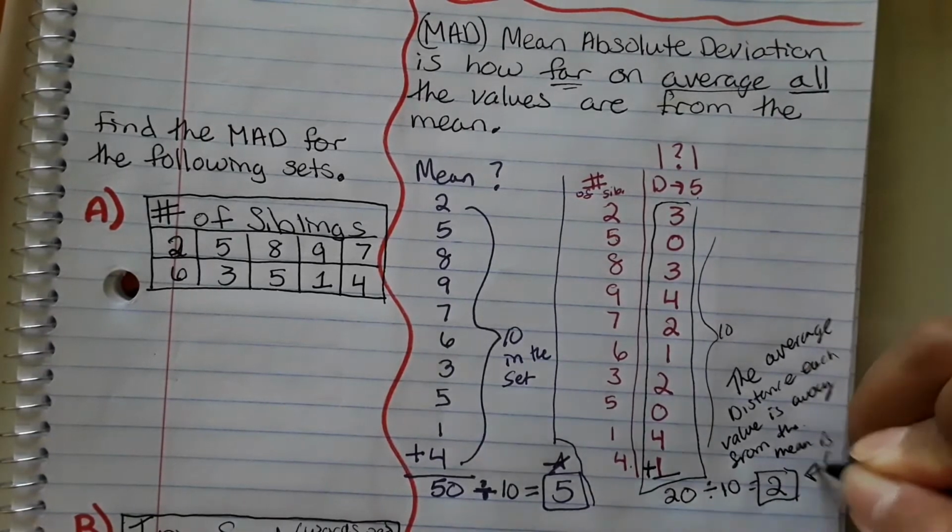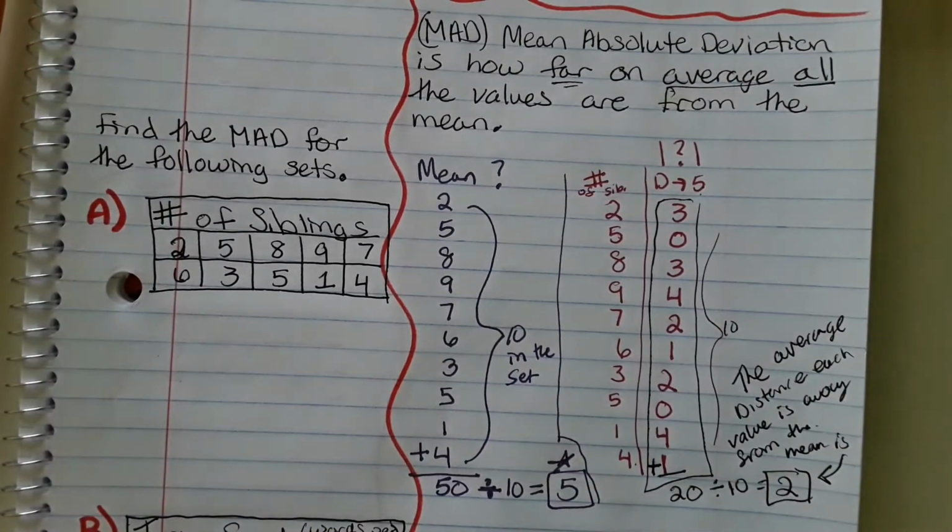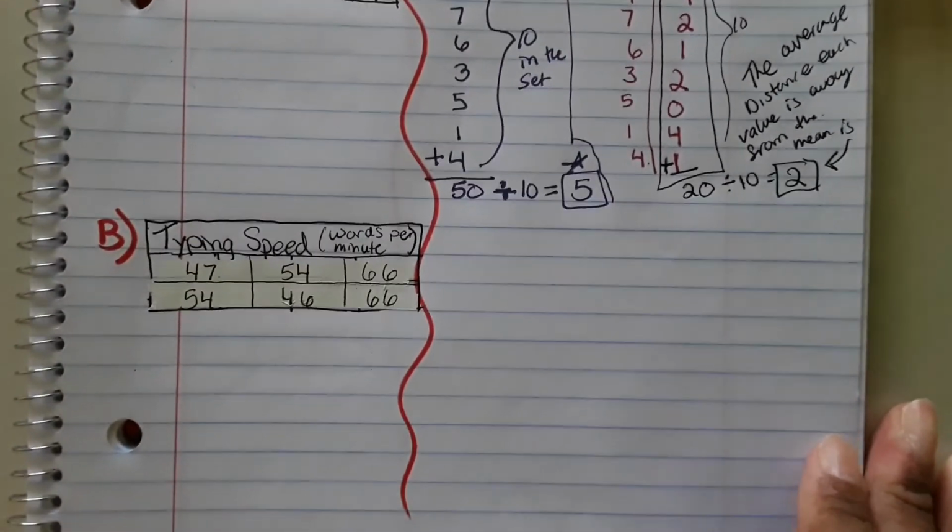And indeed, it is 2. Our average distance away from the mean is 2. In this case, again, 2 siblings. And that's how we find MAD. It's just telling us basically how far away from the mean most of the numbers are, or on average, the numbers are.